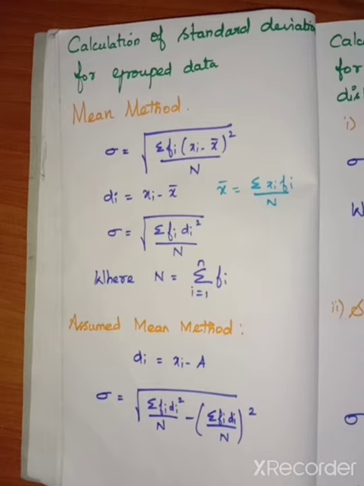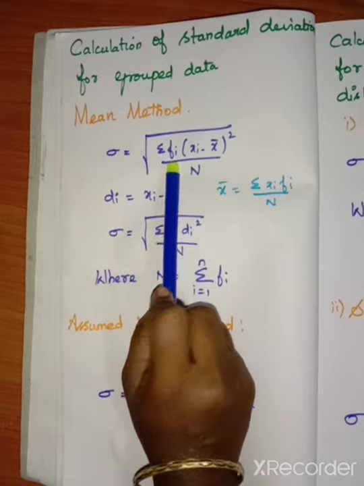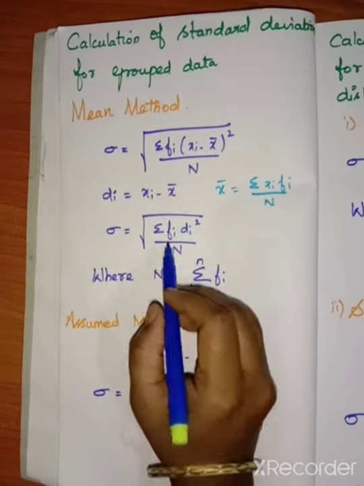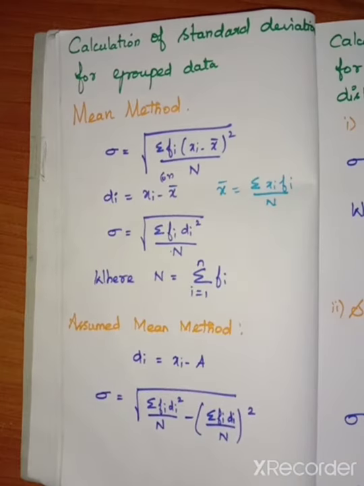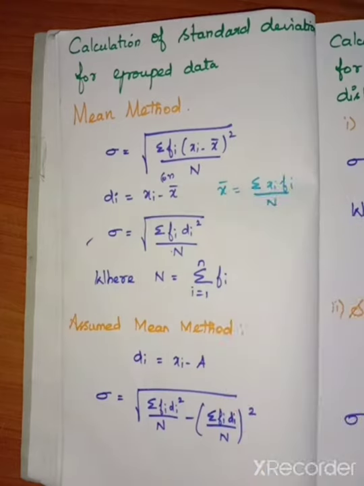So the only difference is fi. We can use this formula or otherwise this formula for the mean method. For the sums, if it is given, we want to use this one alone. For the one word like that, they ask this formula.